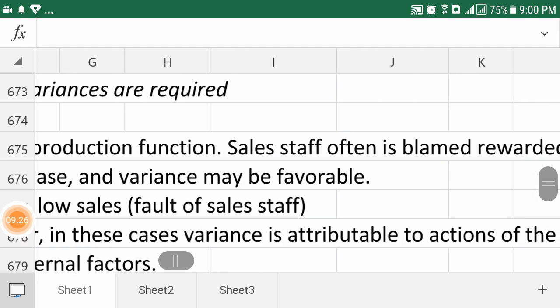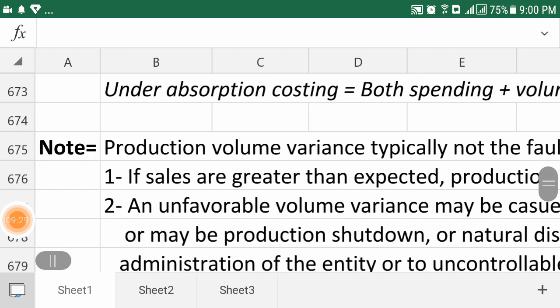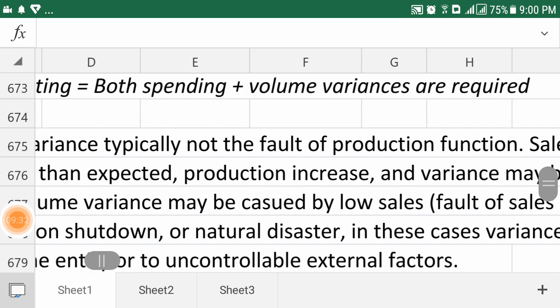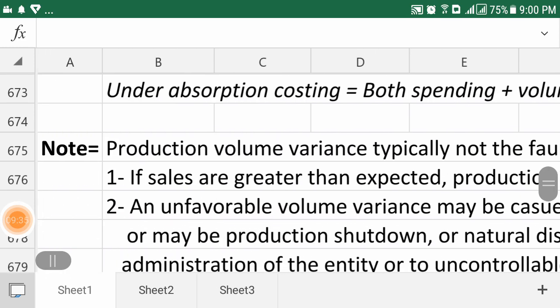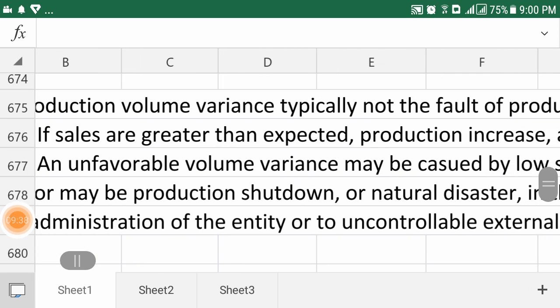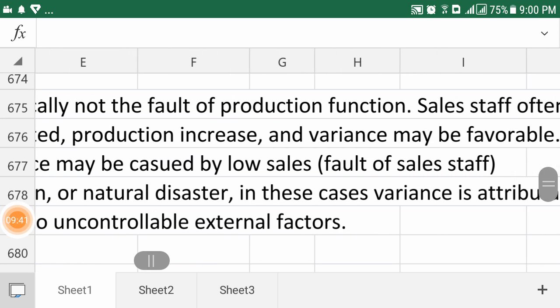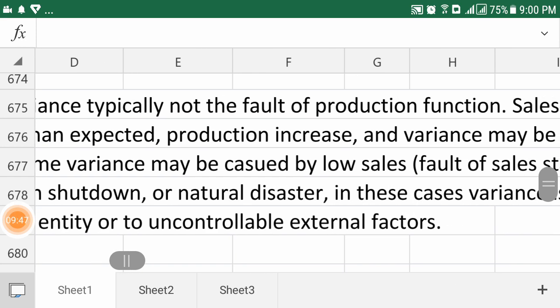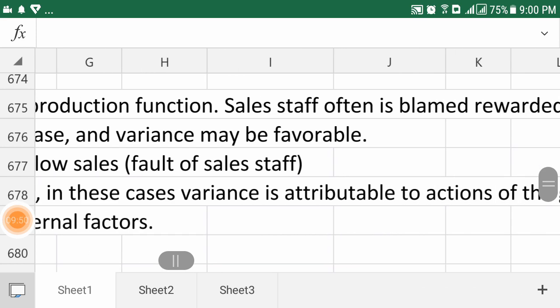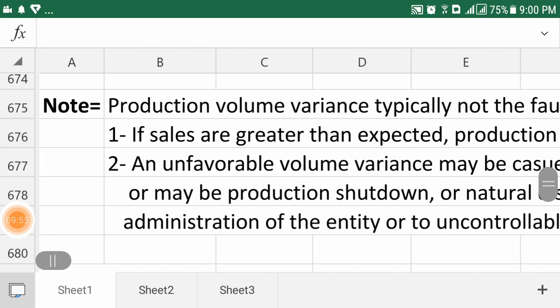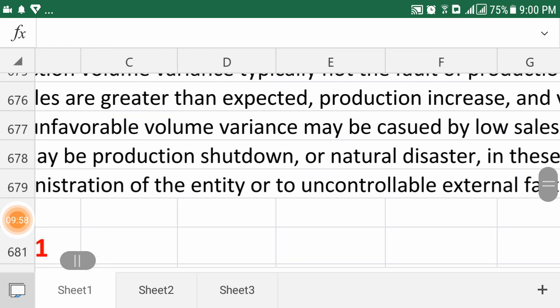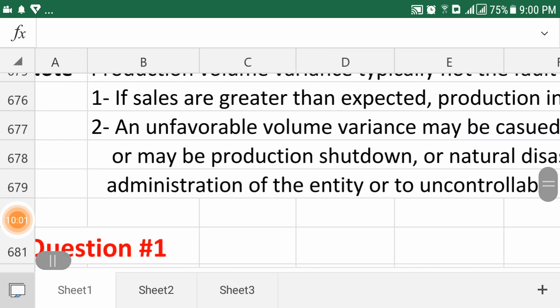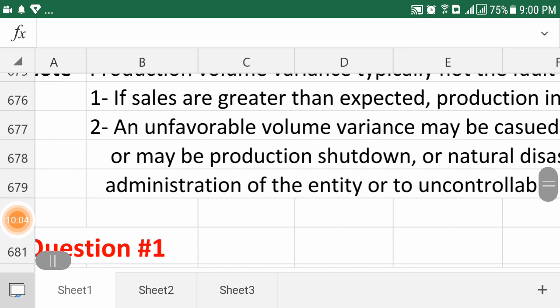Sales staff often is blamed or rewarded. If sales are greater than expected, production increases and the variance may be favorable, and an unfavorable volume variance may be caused by low sales, fault of sales staff, or a production shutdown or natural disaster. In this case the variance is attributable to actions of the general administration of the entity or uncontrollable external factors of the industry. Uncontrollable factors sometimes happen, and natural disasters could be one example of that.